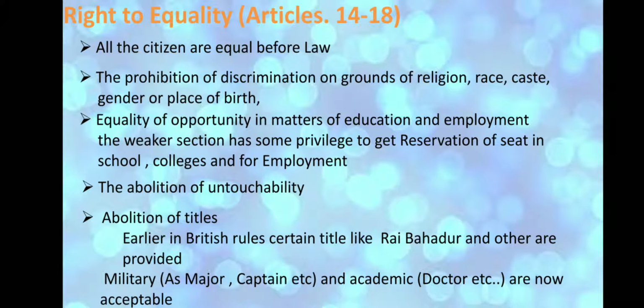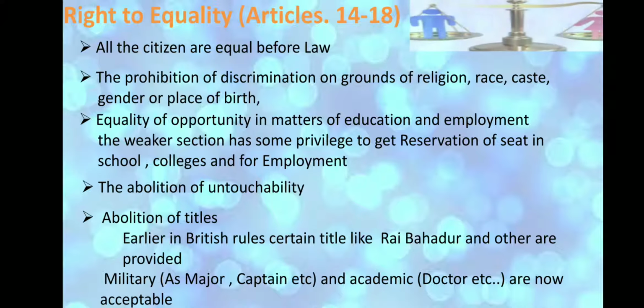In earlier British ruling times, people were given titles like Rai Bahadur. But now only military and academic titles are acceptable. Military such as major or captain, and academic such as doctors and so on. Okay, so this is the right to equality.